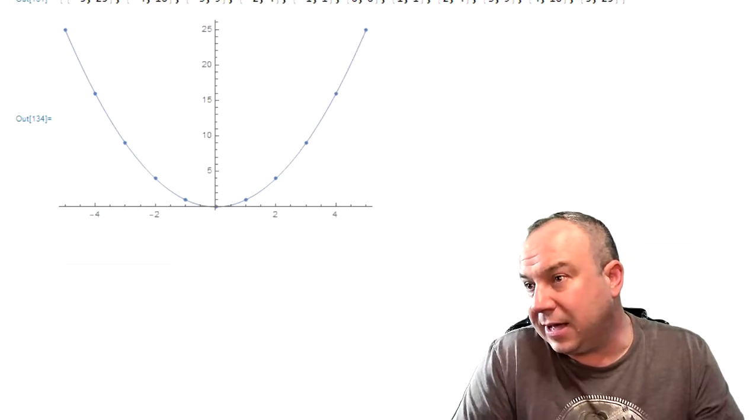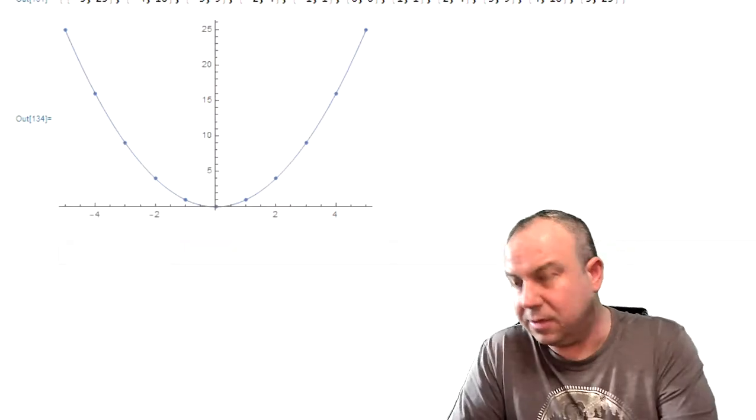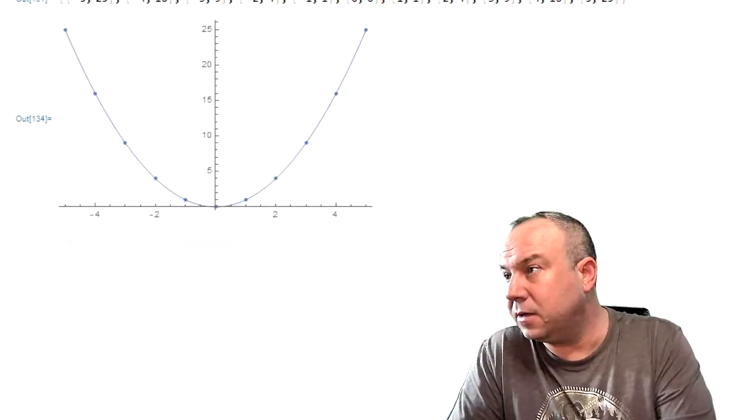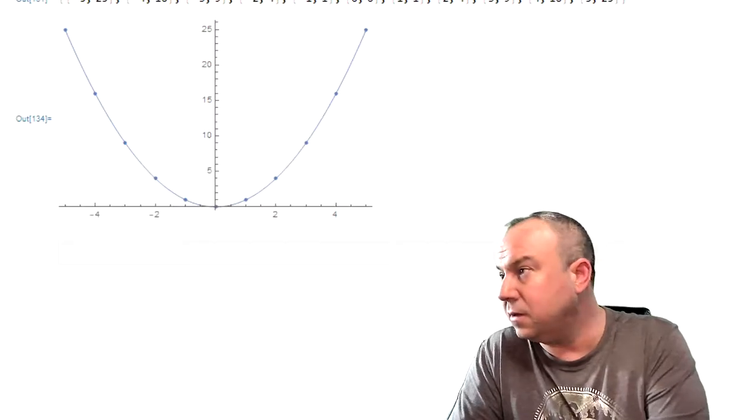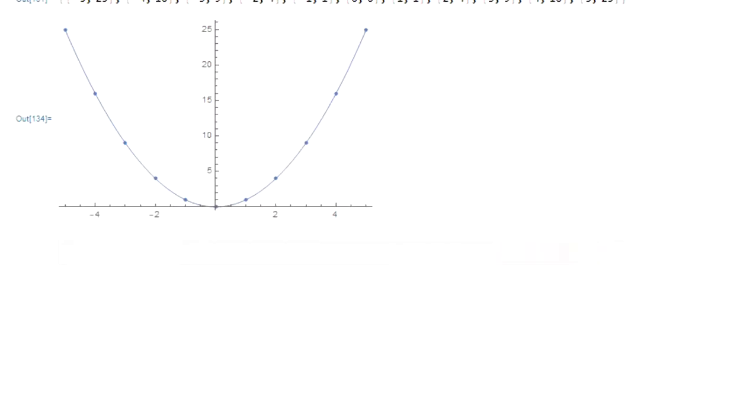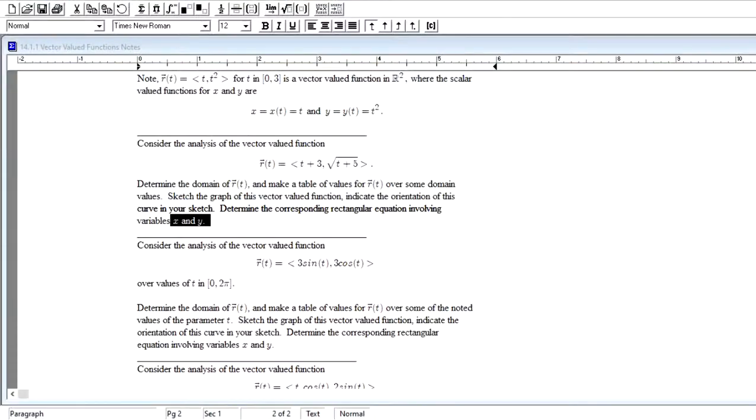Actually, let's go back and do this for our first case back here in our examples. Let's do that for this vector valued function seen here, that vector valued function t plus 3, square root of t plus 5. I think I can remember that.